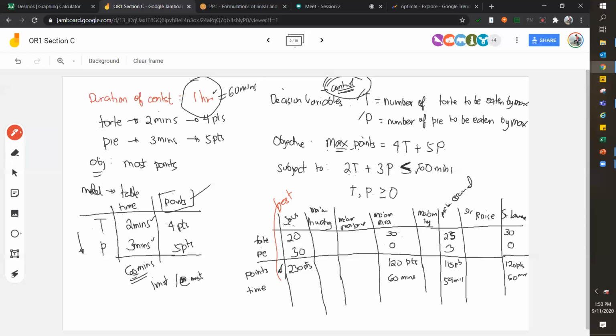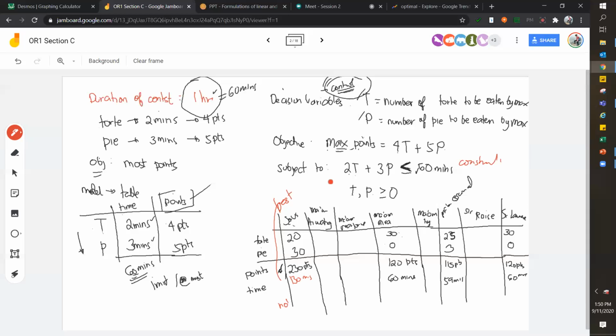Di ba? Kaya nga may constraints tayo. So yung time, ano ang time nito? 40 plus 90, 1/3.